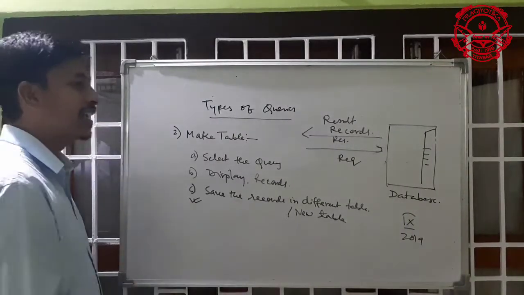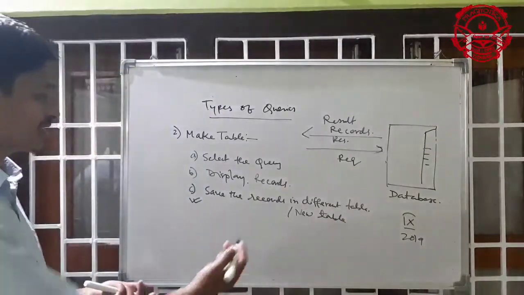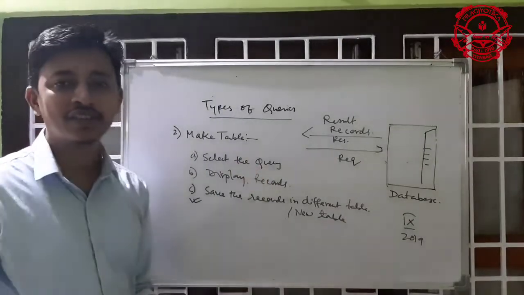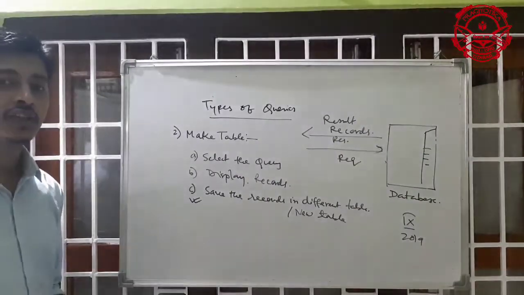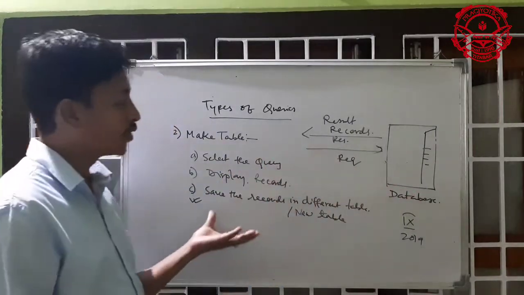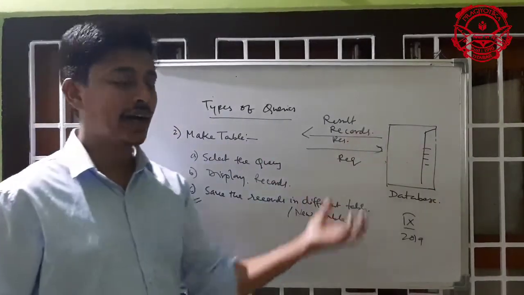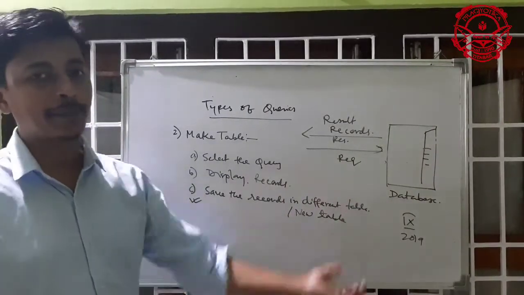Because in future you may need these records. For example, after executing the query, I need this record again. In this case I have to execute the query again, go to the server and ask the database again for this information. Again it will take time.